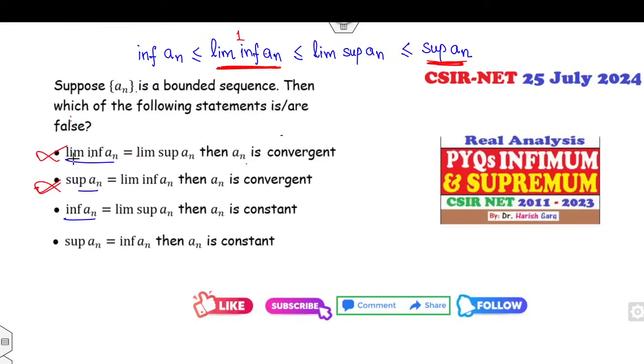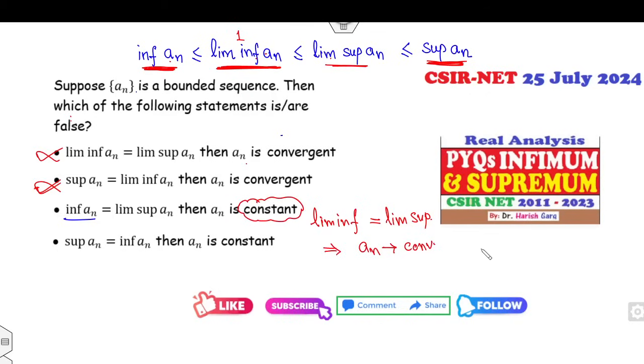That means the first and second options are the same, but their representations are different. Infimum of an and limit of supremum are the same. Once they are the same, the limit of the infimum and limit of the supremum are the same. That means an is convergent, but this option talks about being constant.